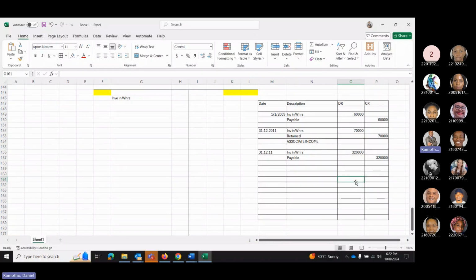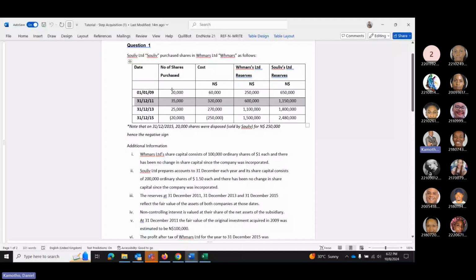I have said that from the first inception, if you look at the financial statement, when they acquired 20,000, it is an associate, and the retained earning at that date at the investee was 250. So the growth in retained earning is the profit that is retained. When an associate makes profit, what happens? You recognize.